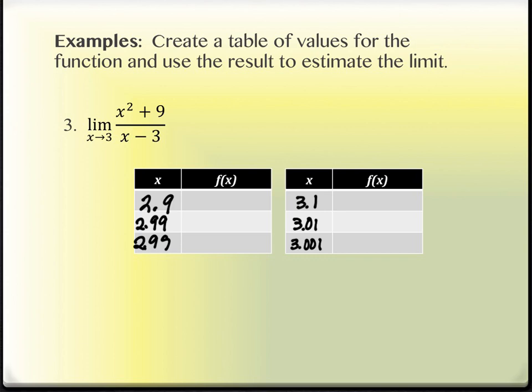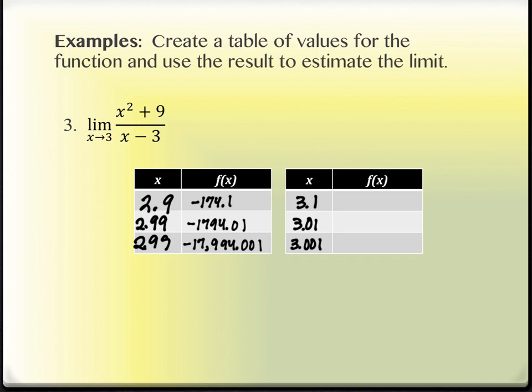So if we look at our f of x and we enter those now, let me change mine just a second. We see that the first one is now negative 174.1. And then we have negative 1794.01. And I have negative 17,994.001.